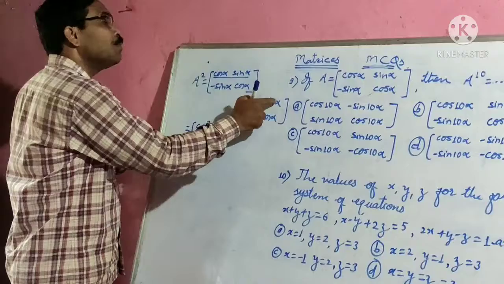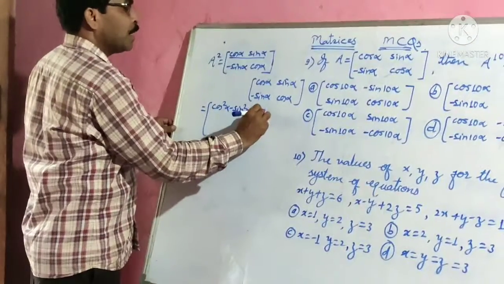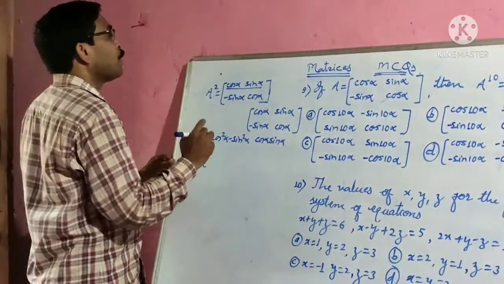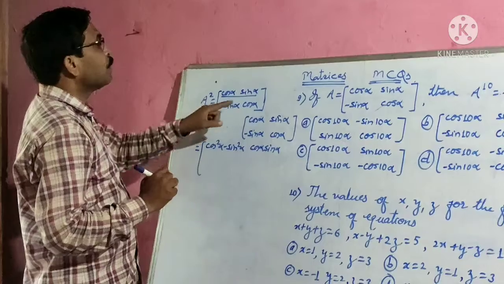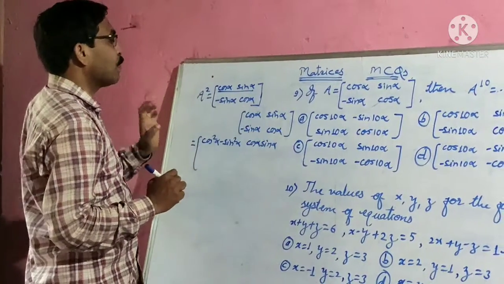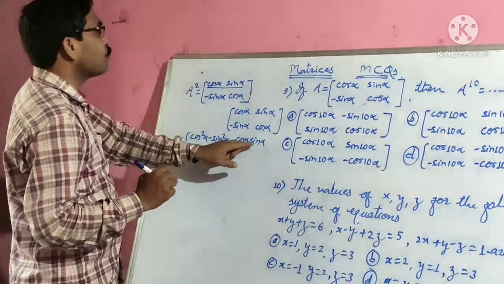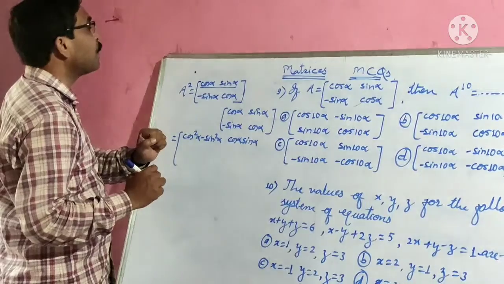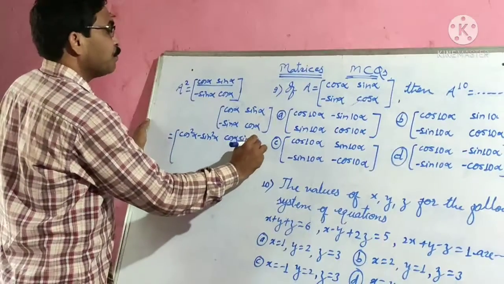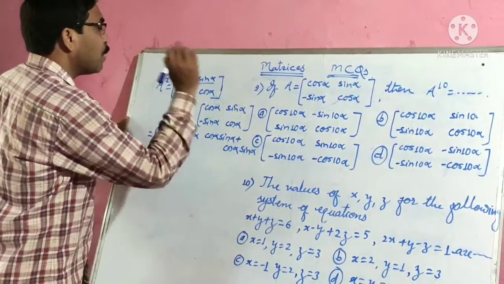Now first row into second column, cos of alpha into sin of alpha, after that, sin of alpha into cos of alpha, plus cos of alpha into sin of alpha.